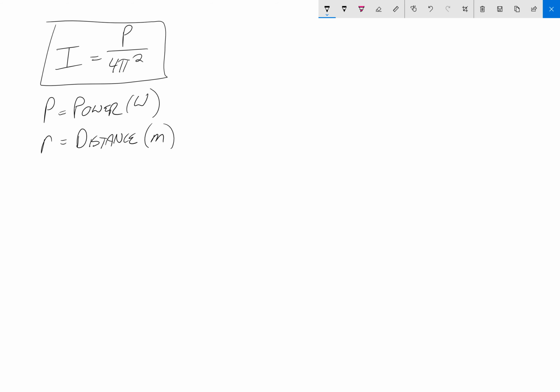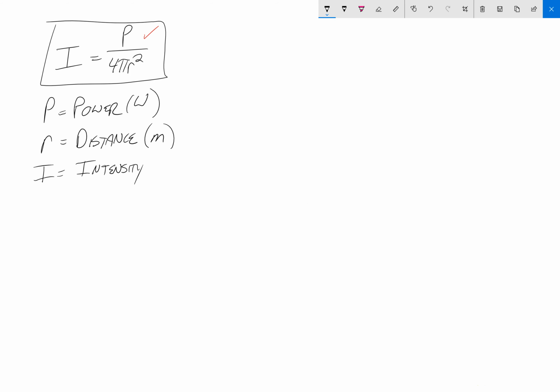So if you wanted to get the units for intensity, I know I has been current in the past, but now it's intensity. You'll have to live. And if you just look at our expression, we have power, that's watts in the numerator, and we have, where did my R go? Should be pi r squared.